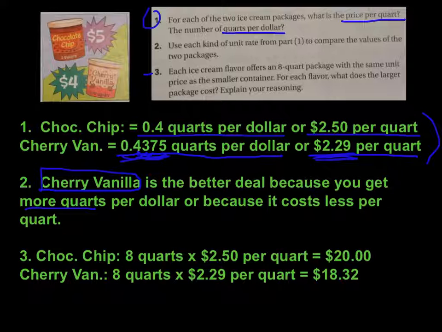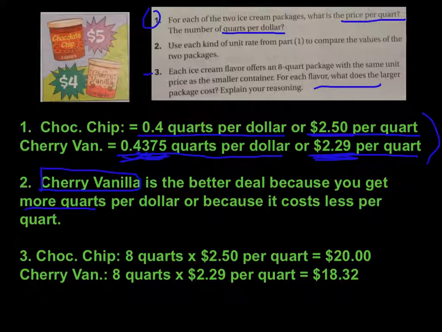And finally, part 3. Each ice cream flavor offers an 8-quart package with the same unit price as the smaller container. For each flavor, what does the larger package cost? Well, we know how much each of these packages of ice cream cost per quart. And this problem is telling us that it's using that same unit price, the per quart price.